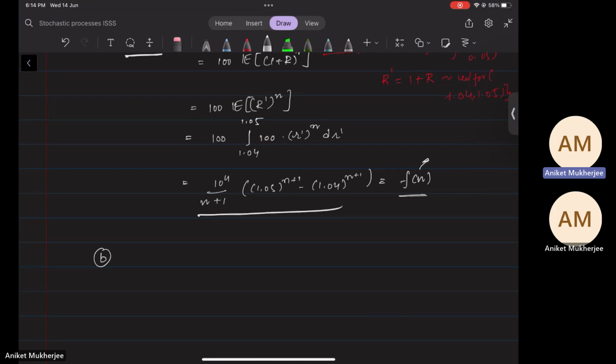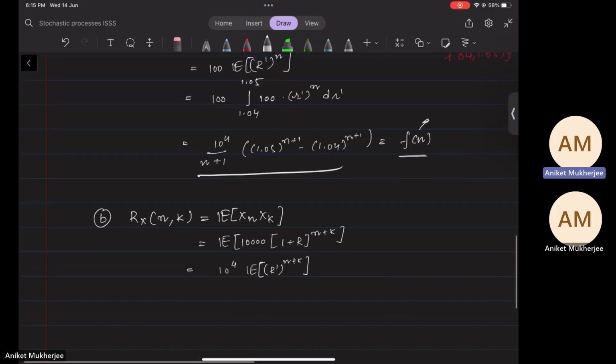Next, we calculate the autocorrelation function for n comma k, which is basically the expectation of xn and xk. This is the expectation of 10 power 4 into (1 plus r) whole power n plus k. So we still have 10 power 4 times the expectation of r prime power n plus k, where r prime is as defined above.